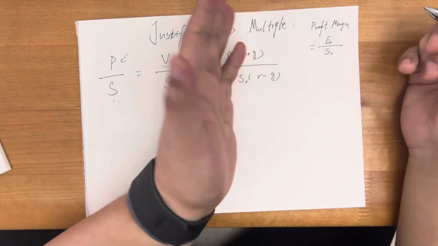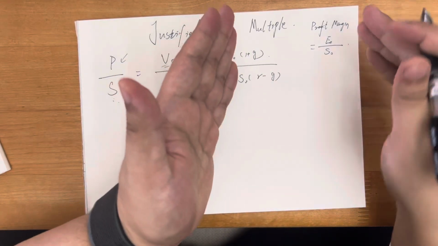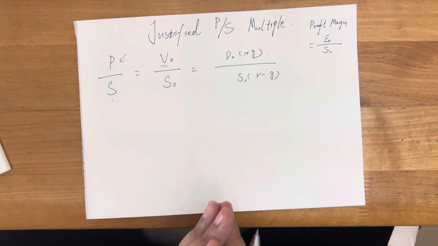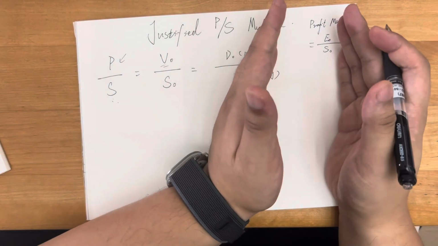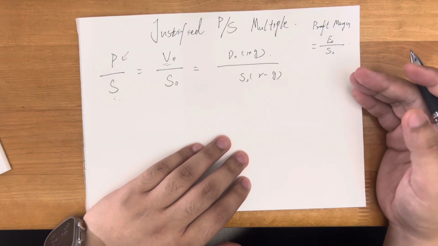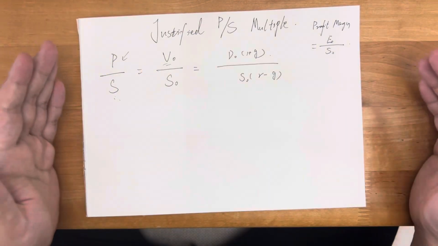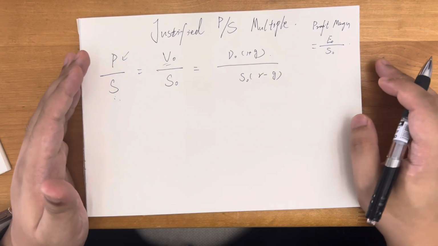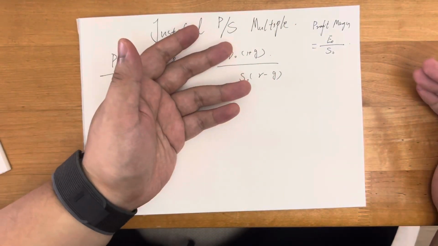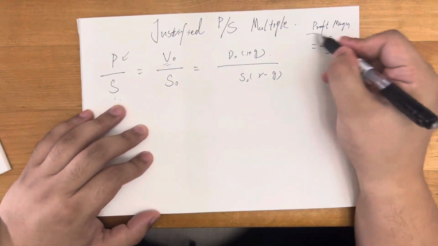For example, you sell 100 US dollars, and the earnings are just 20 US dollars, so the profit margin will be 20%. That means you can quickly get, say, 100 US dollars of sales revenue, so the earnings will be 20, because you just multiply by the profit margin.